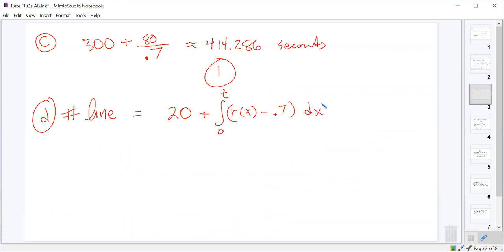Do y'all agree with that? Number of people in the line plus the integral of the rate they enter minus the rate they leave. That should be the total number of people in the line.